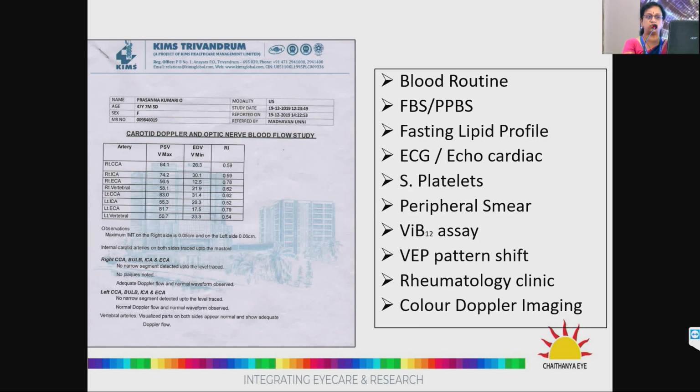So apart from the routine investigations, I would say that when you have an asymmetric GON, you have to do a thorough cardiology, a thorough neurology, and in her case, a rheumatology workup to rule out autoimmune etiology also was done. And in the young, I would say a Doppler imaging of the bilateral carotids and ocular blood flow analysis needs to be done. This was done in her case in both 2009 and 2019, and nothing was detected.